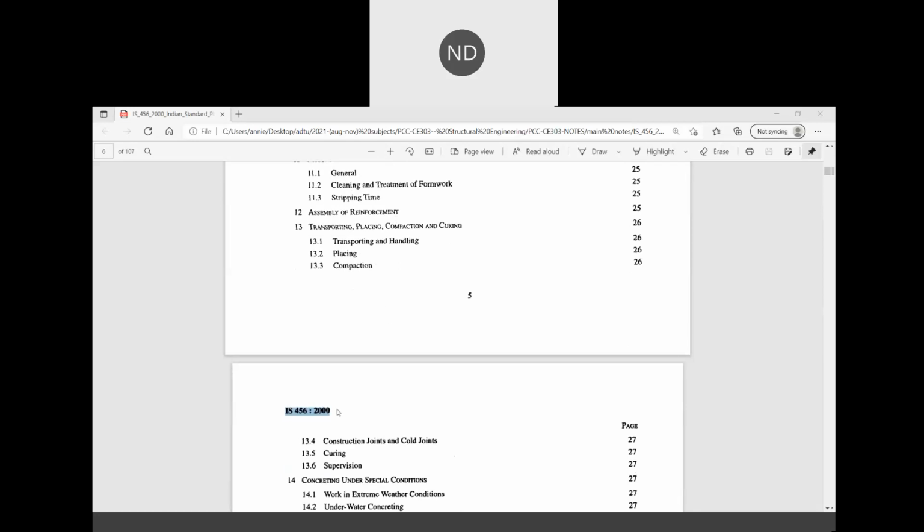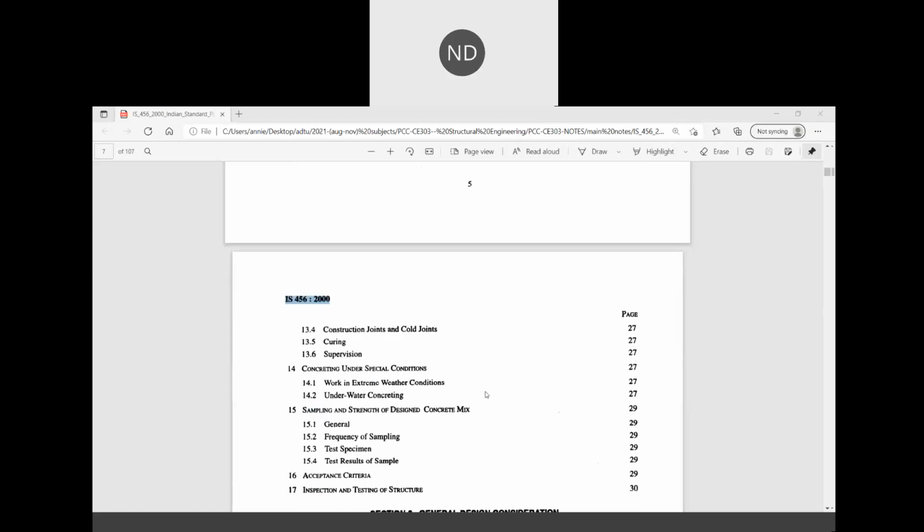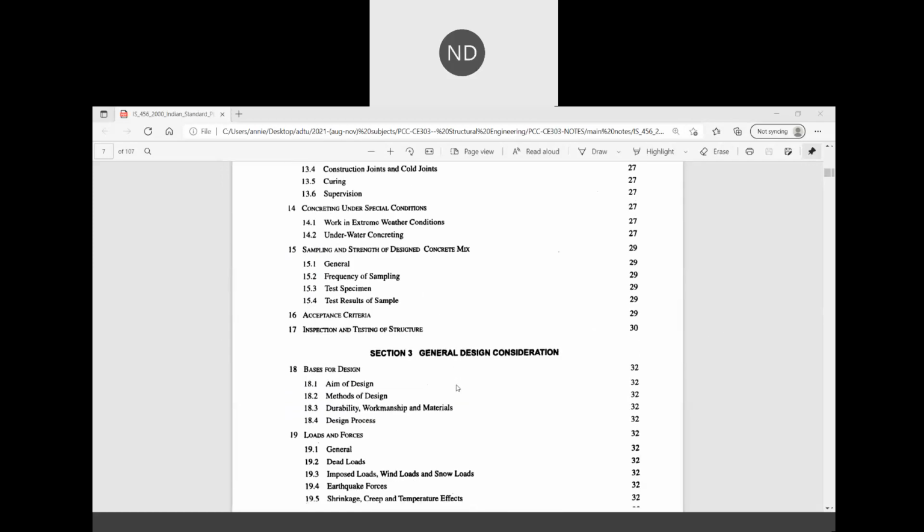You can also order the IS code 456 in book form, so that you can use it in future when you are working somewhere, or when you need to find out the limits, the range of values, how much load should be there, the safe load, etc. So better you give the book for printing, then it will come and stay with you for long.